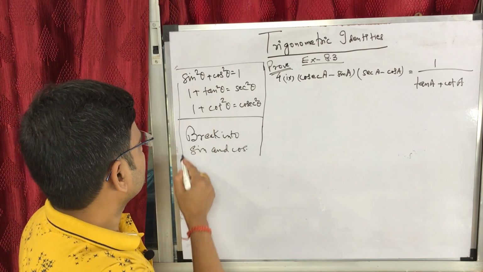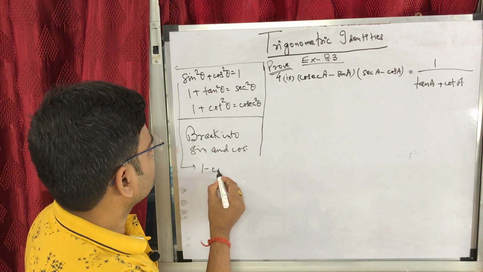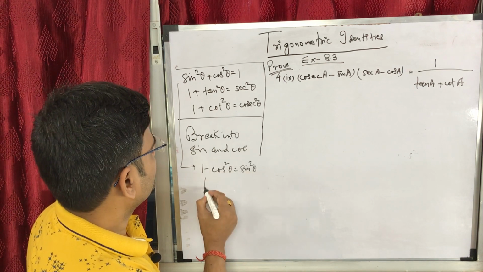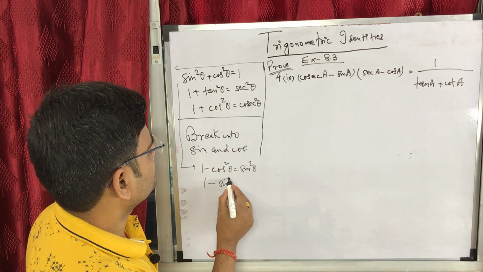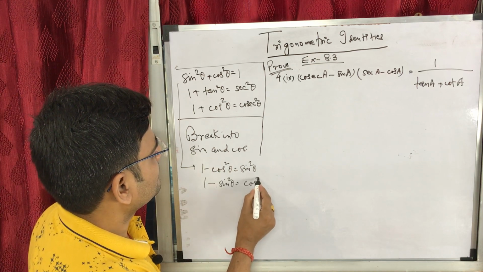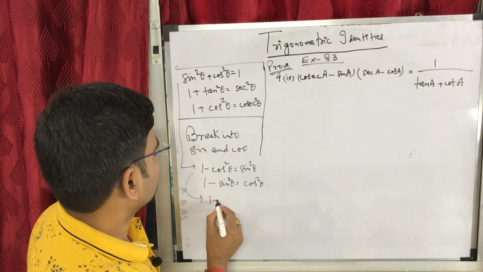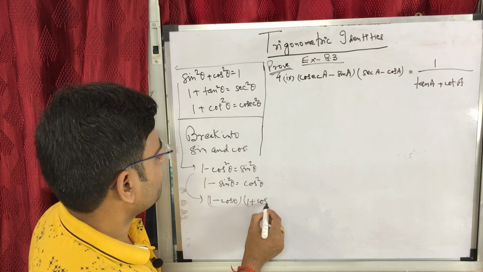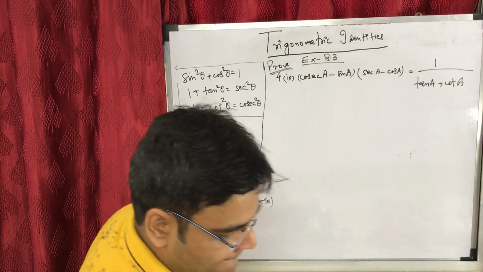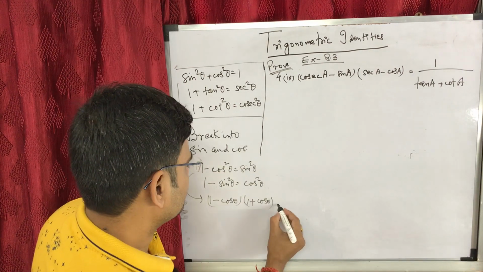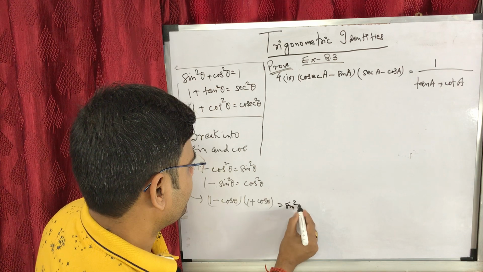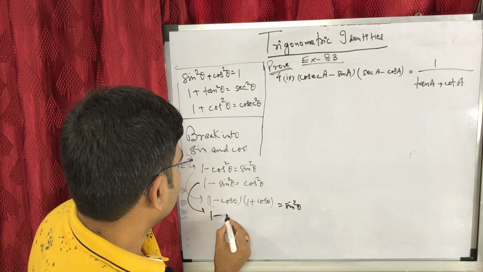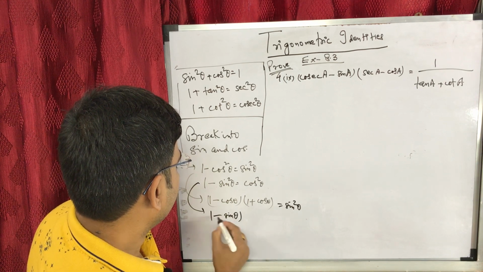I also told that anytime 1 minus cos square theta equals sine square theta, and 1 minus sine square theta is cos square theta. Anytime this can become 1 minus cos theta, 1 plus cos theta equals sine square theta, and this can become 1 plus sine theta and 1 minus sine theta.